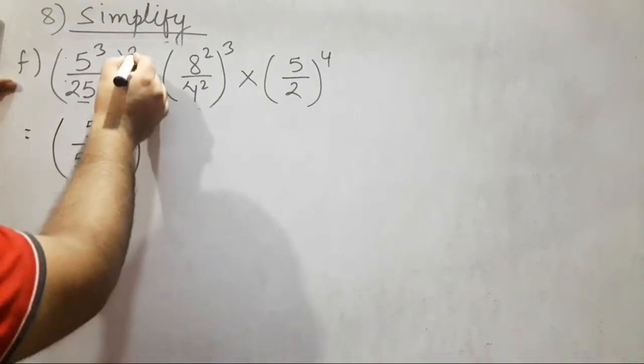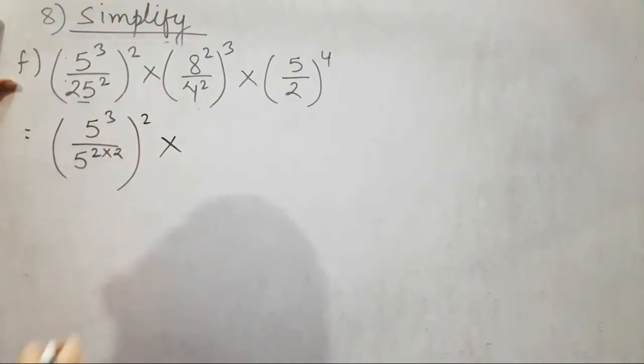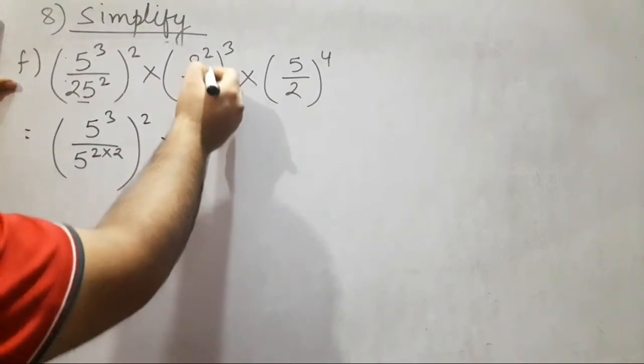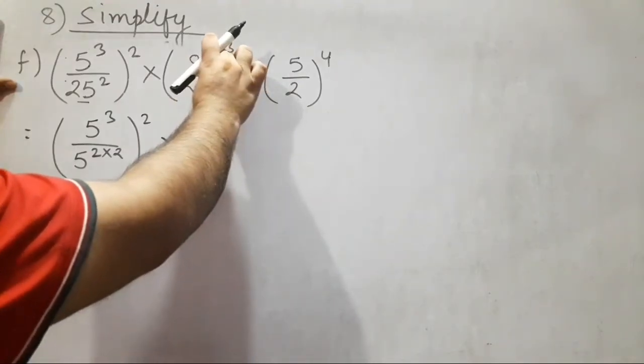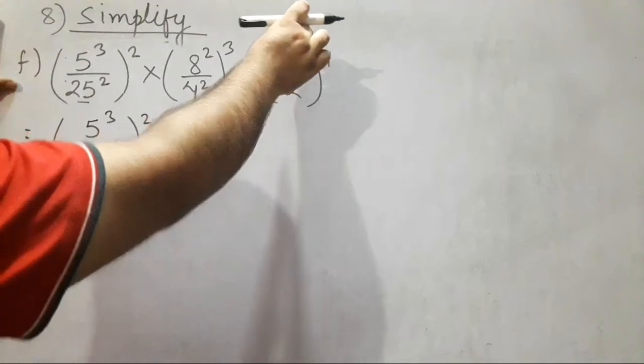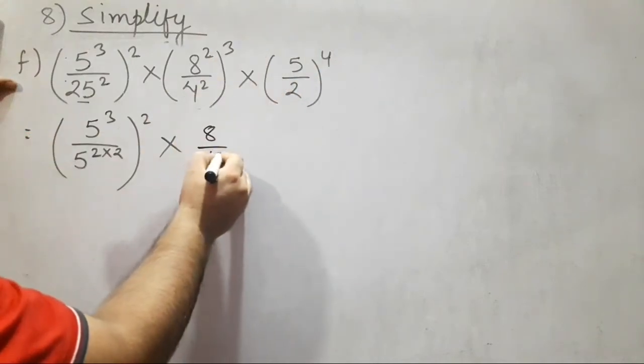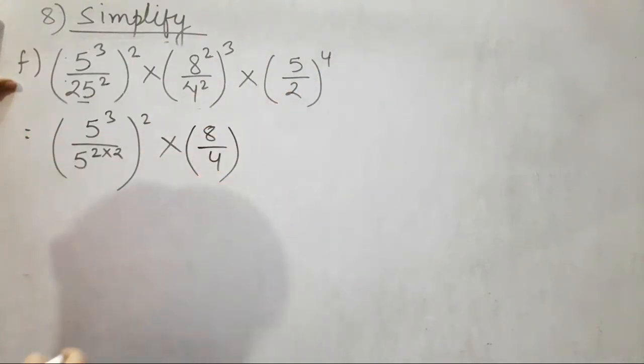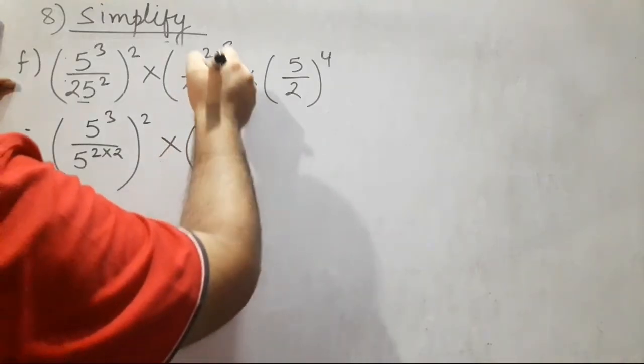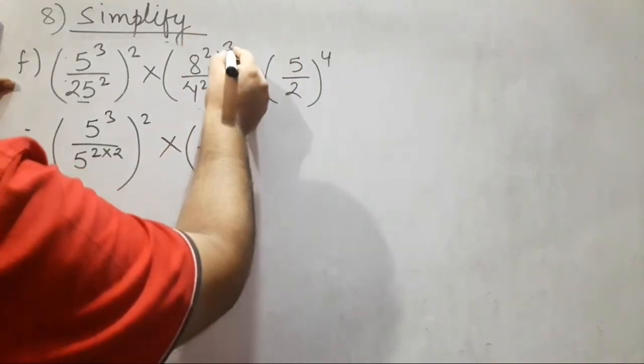Whole bracket power 2 into, here the powers are common, so we can take these powers common and send outside. (8/4) in brackets, now the powers became common and came outside and multiplied with 3.